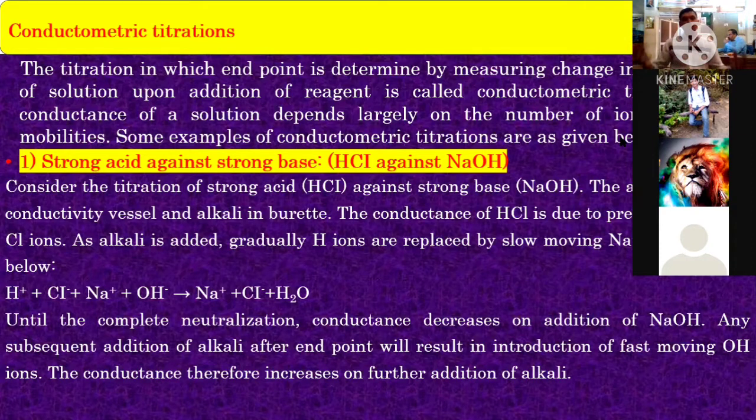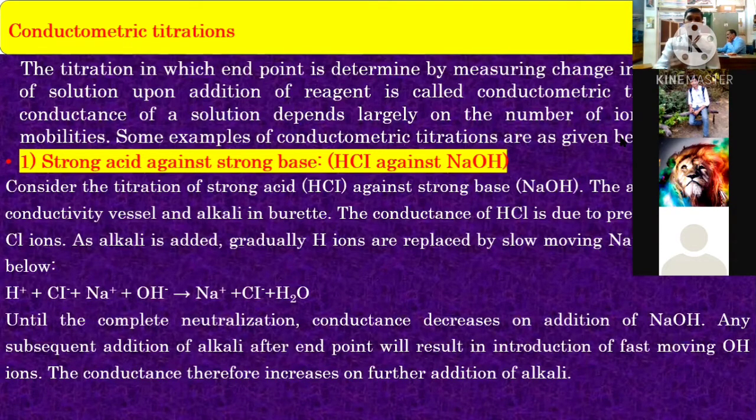Then if the number of ions increases but they move slowly, the equivalent conductance decreases. The rate of flow of conductance decreases, therefore the equivalent conductance again decreases. So there are two factors: formation of ions, and their easy movement in the given electrolytic solution, which gives a higher equivalent conductance.